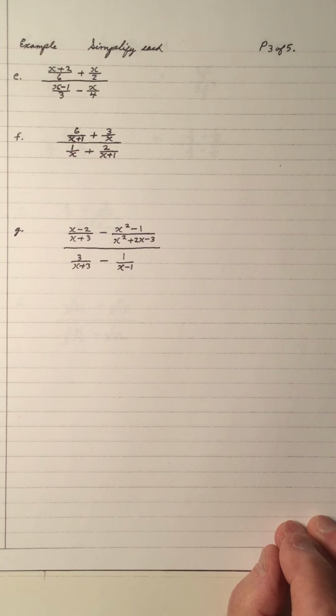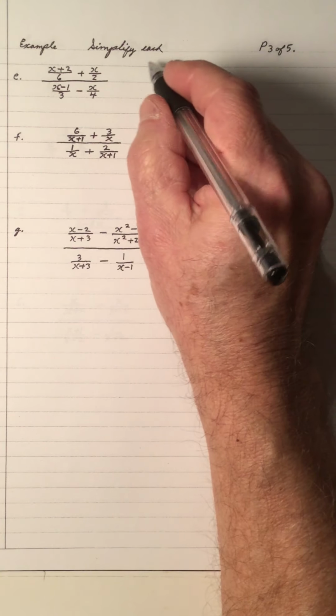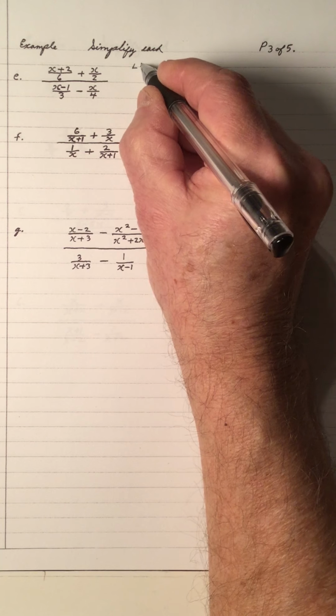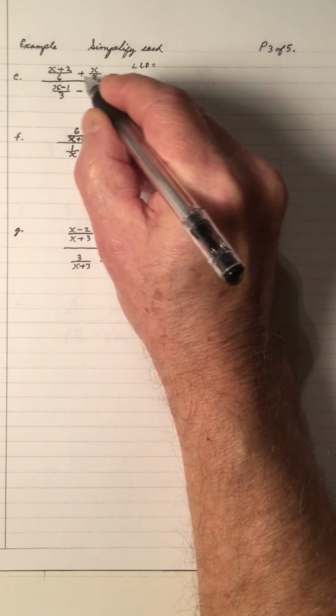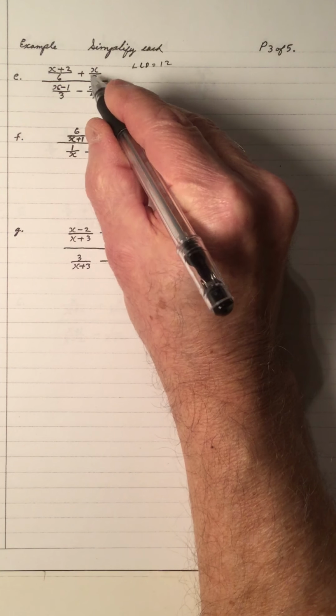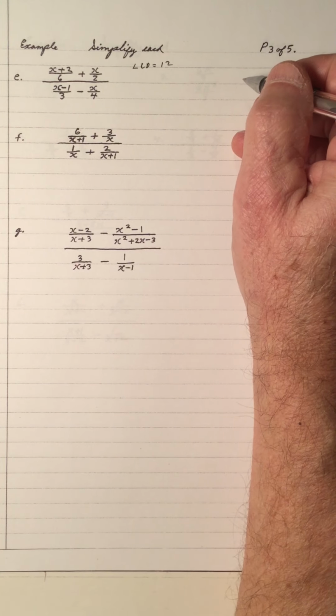Okay, let's see. And most of these, what is the LCD for the numerator? LCD is 12 for the numerator and 12 for the denominator. Again, both of them are the same.